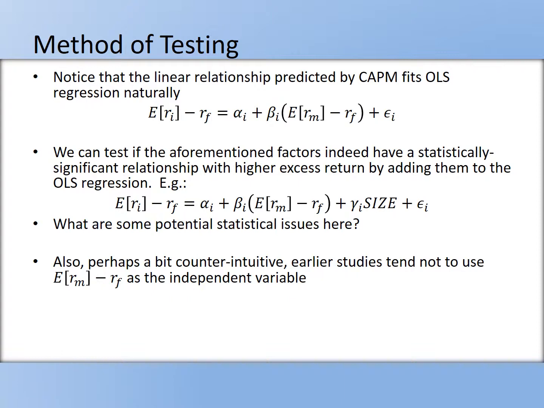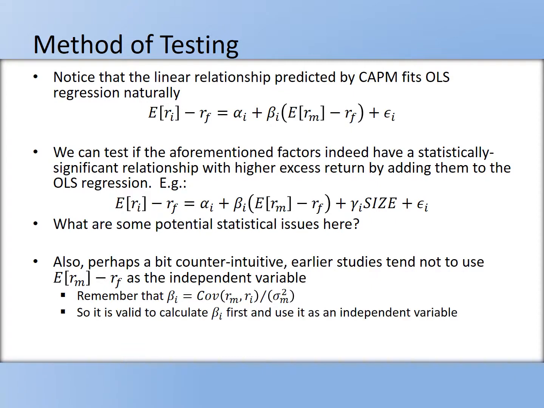And we also mentioned that in older papers, it's common to calculate beta and test for whether the excess return is significant or not. The reason that was done in the past is that beta, the correlation, can be better estimated, and so that's what they did in the past.